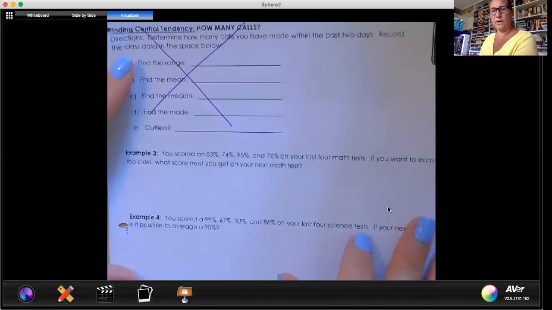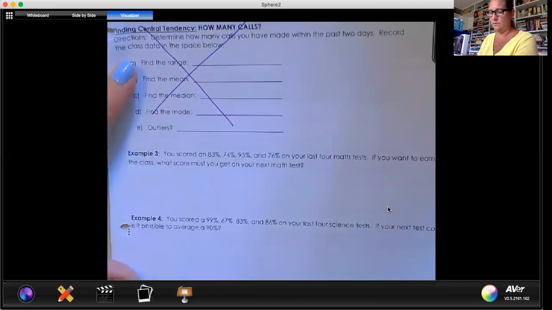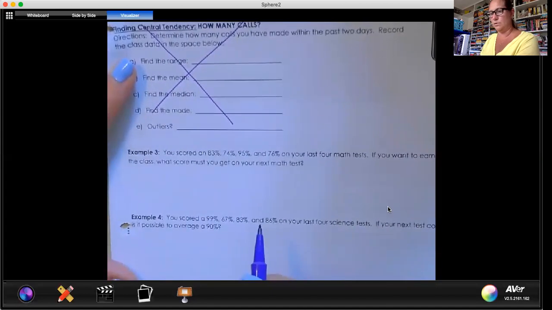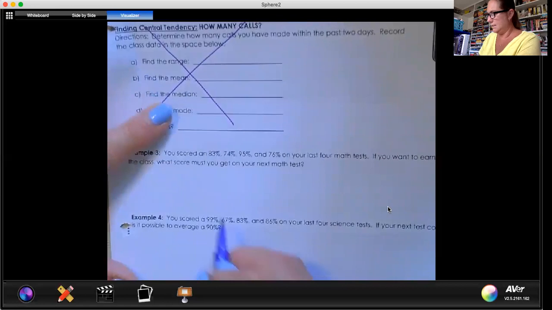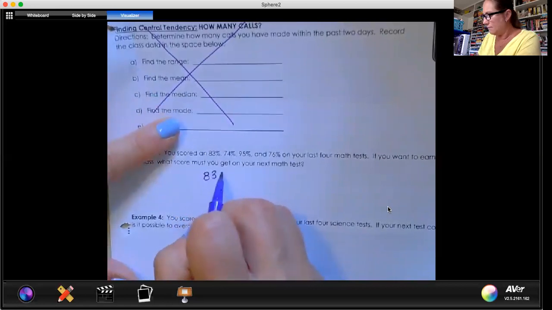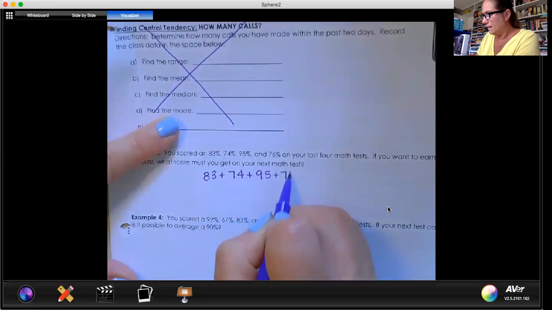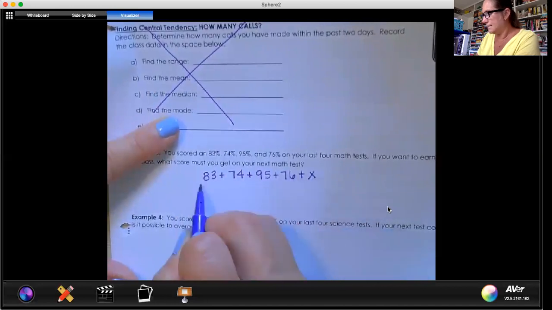Example number 3: you scored an 83, 74, 95, and 76 on your last 4 math tests. If you want to earn an 85 in the class, what score must you get on your next math test? So we're going to take what you have. We're going to add x because we don't know what that last test is going to be.